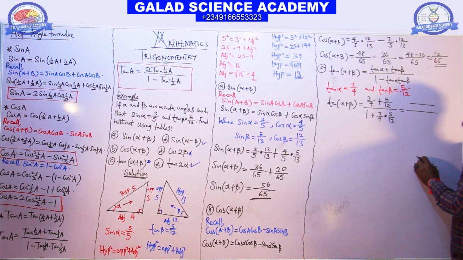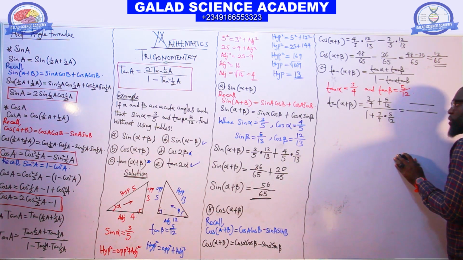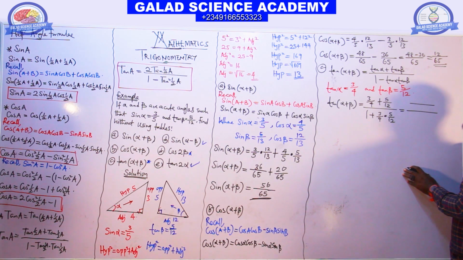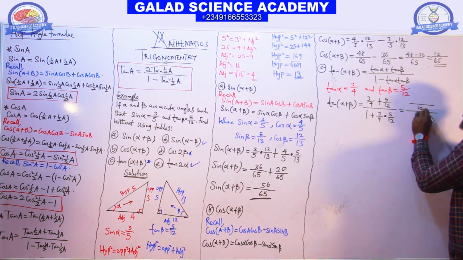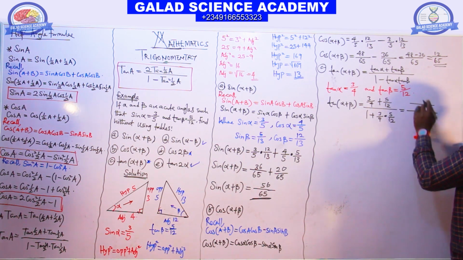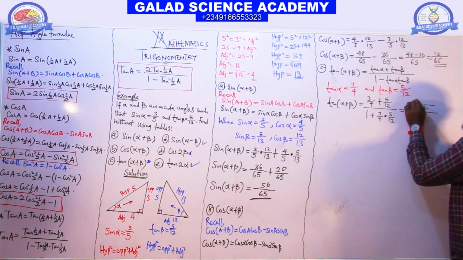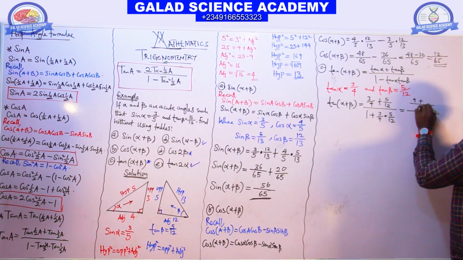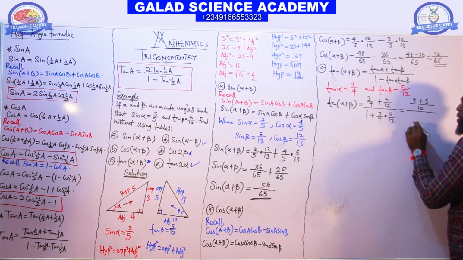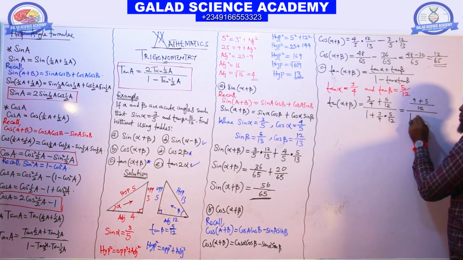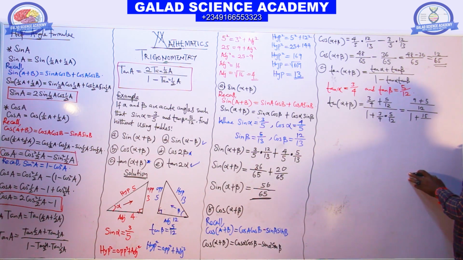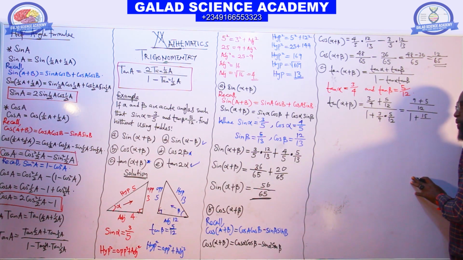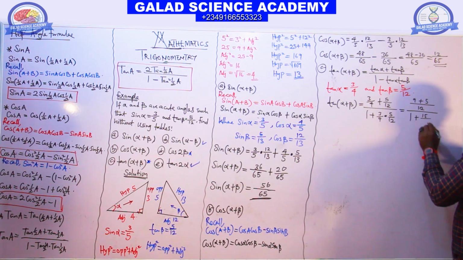LCM is 12 times 4, 48. We have 3 times 3 is 9, plus 5. Here we have 1 plus 15 over 48.